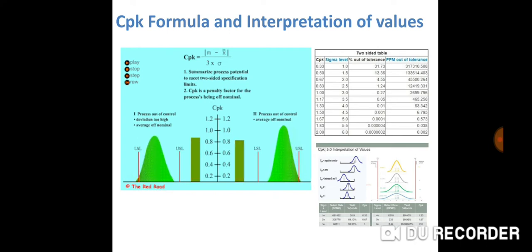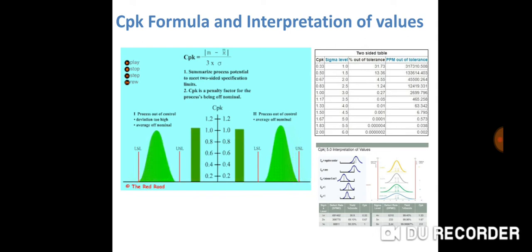So you can see that Cpk brings the process into the center, well within the specification. On the right side, if the Cpk is 0.33, that means it's 1 sigma, and so on going up. If the Cpk is 2, that means it's 6 sigma.